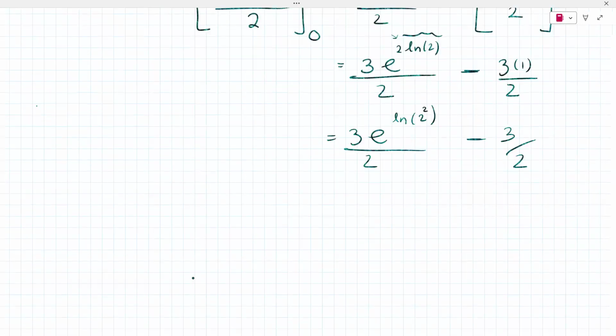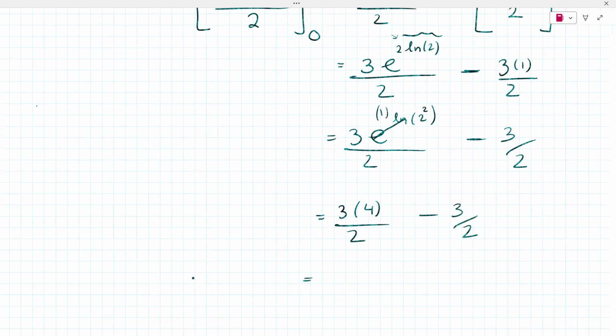And then this simplifies as, so what happens here? e and ln are inverses, that just becomes 1. So you're left with 3, and then you're also left with this 2 squared that doesn't go away. So 2 squared is 4, and then on the bottom is 2 minus 3 halves.